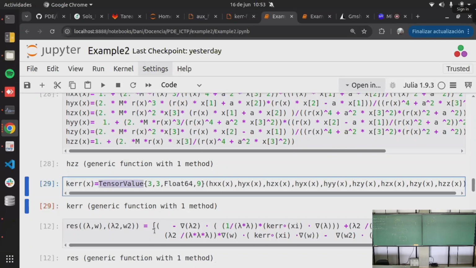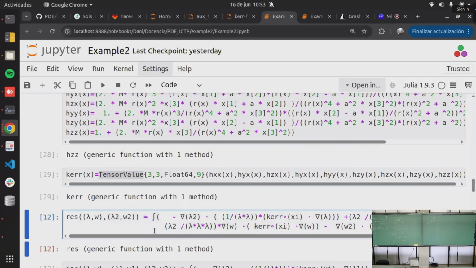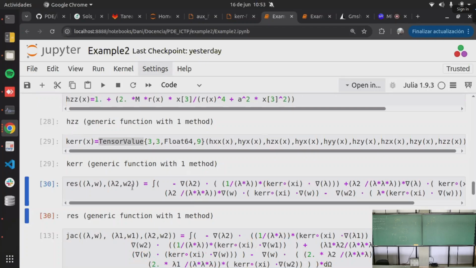And after all, I perform the test, the residual and the Jacobian part. Remember that now we have two unknown functions that we have to get in a coupled way, solving a coupled system.